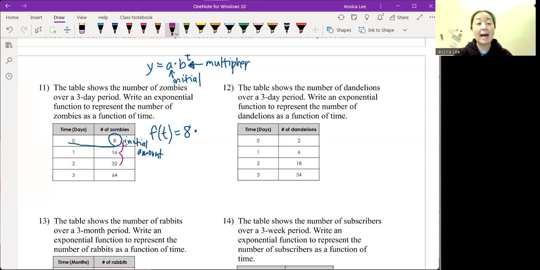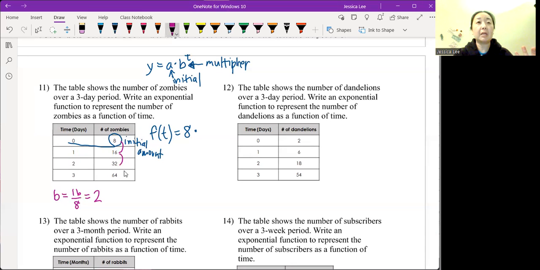If you were trying to add, 8 plus 8 would be 16, but if we add another 8, we're not going to get to 32. So b is equal to, you can take any two numbers adjacent to each other and just divide. So 16 divided by 8 is 2, or 32 divided by 16 also gives you 2.